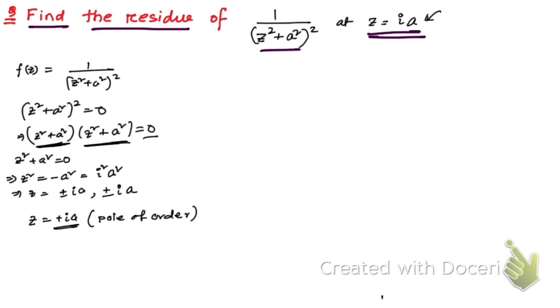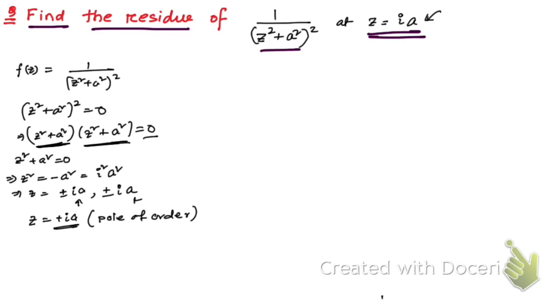Why? Because we are getting z is equal to plus ia twice, right? And we are also getting minus ia twice. So this is also a pole of order 2, and this is also a pole of order 2. You can say it that way. Hope you have understood this.